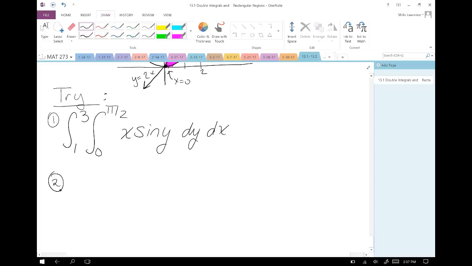So the first one is just evaluate it. Just find the value of that double integral. 1 to 3 and then 0 to pi over 2 of x sine y dy dx.